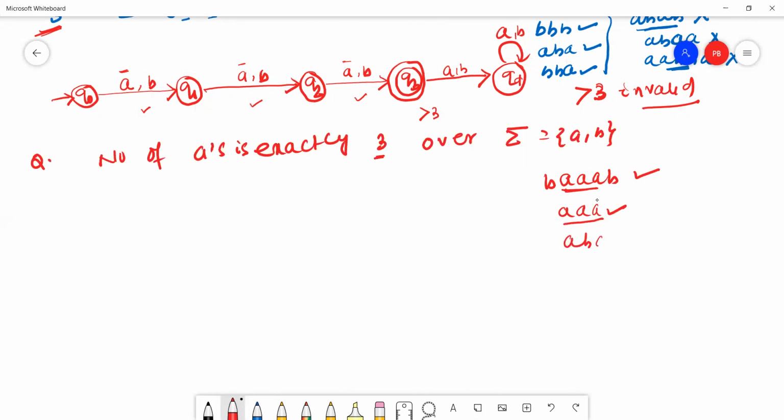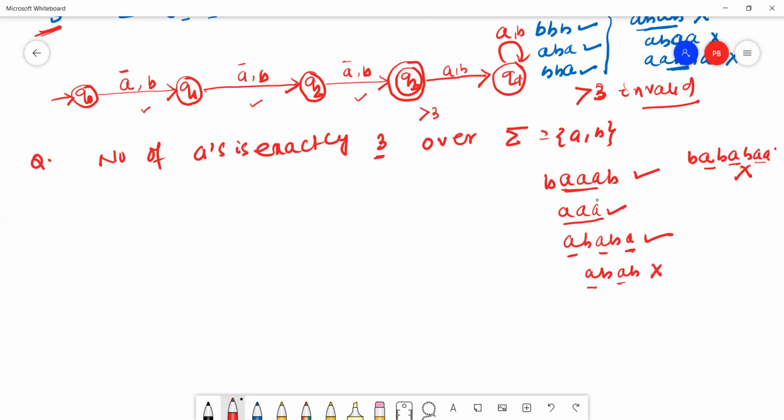Suppose abbaba, yes, it is valid because the number of a's is exactly 3 in the given string. Suppose ab, it is an invalid string because the number of a's is 2. Suppose babababaa, it is an invalid string because the number of a's is 4.